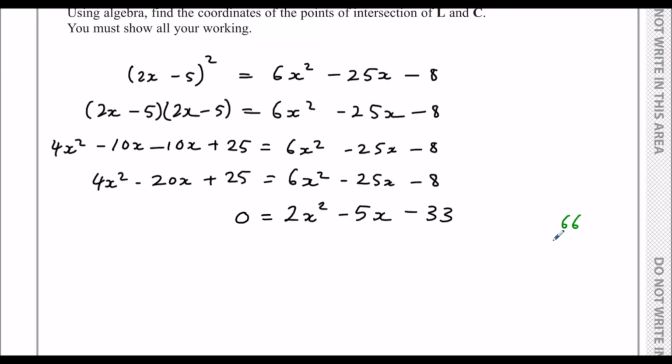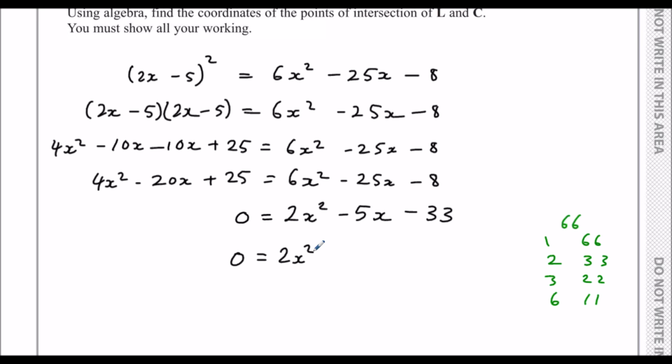What multiplies to make 66? I can do 1 and 66, 2 and 33, 3 and 22. I can't do 4 or 5. I can do 6 times 11. 6 and 11 can give me a negative 5. So I think it will factorize.